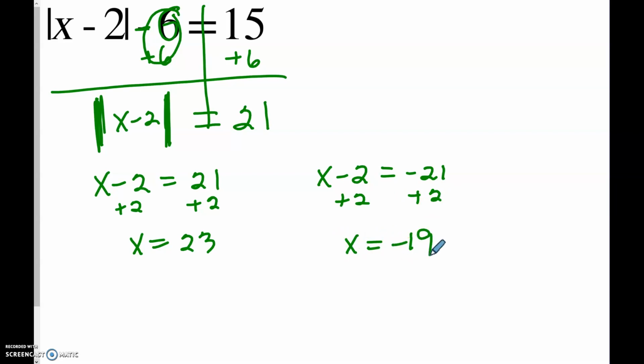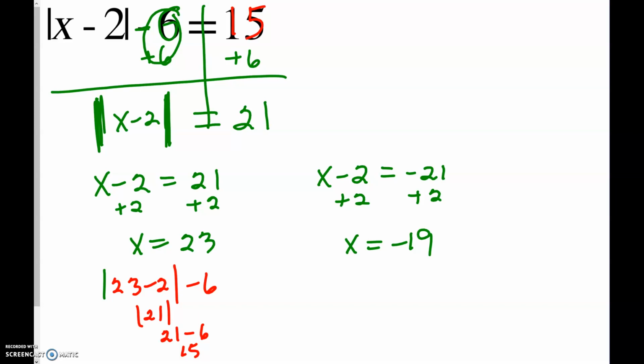And remember, you can always go back in and plug things in to make sure that it works. So we're filling in this x with a 23. So let's see here, 23 minus 2 minus 6. 23 minus 2 is 21. The absolute value of 21 is 21, and 21 minus 6 is 15, and that's what we originally wanted to get, was 15.